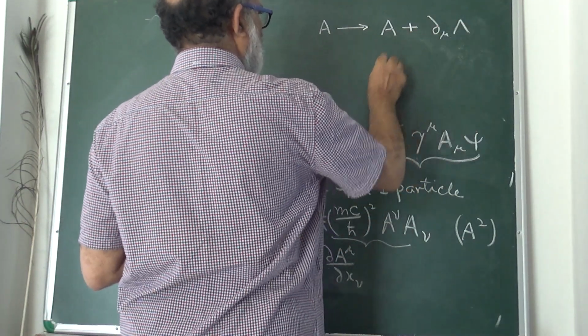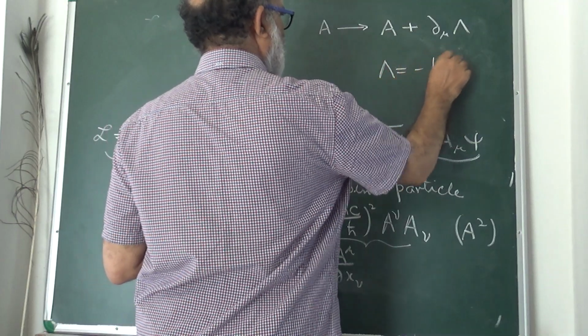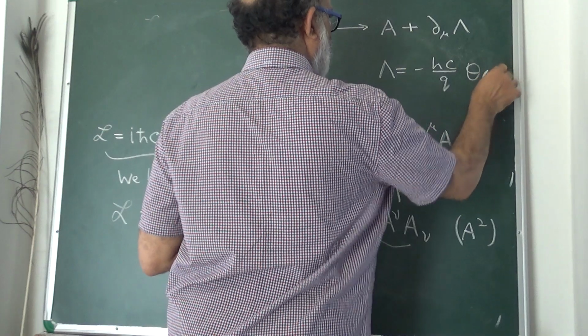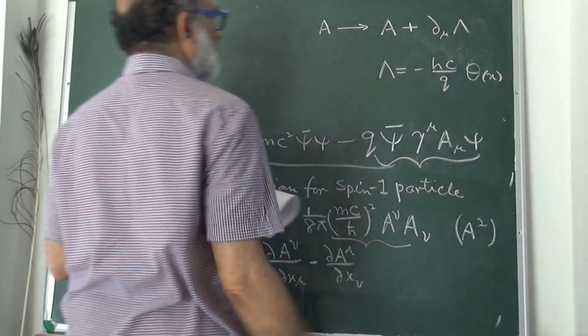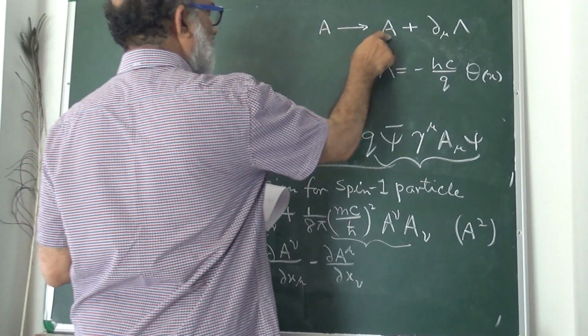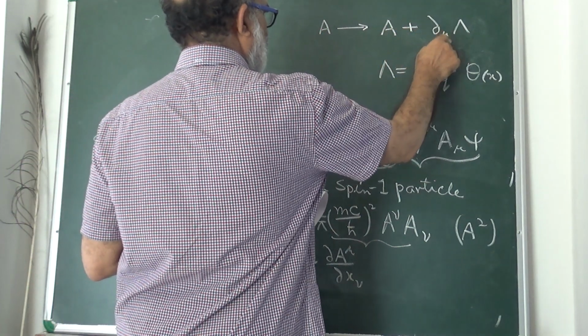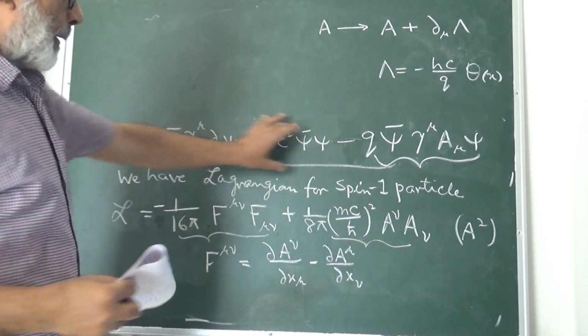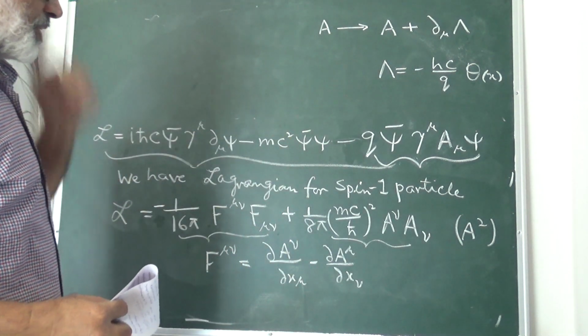It's not a constant, but it is minus x c by q theta, and theta depends upon space and time. So we have assumed that here A transforms to A plus del mu lambda. Then this Lagrangian was gauge invariant.